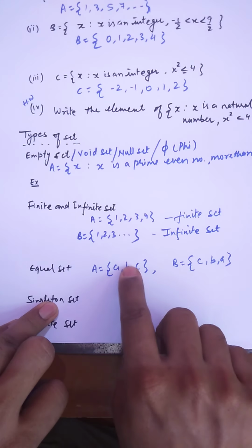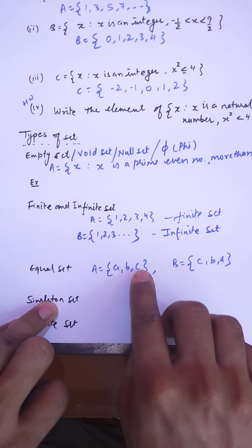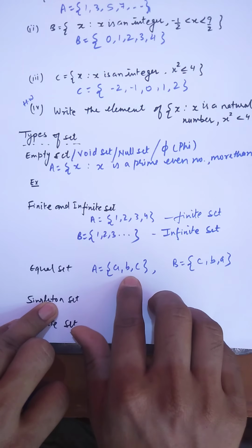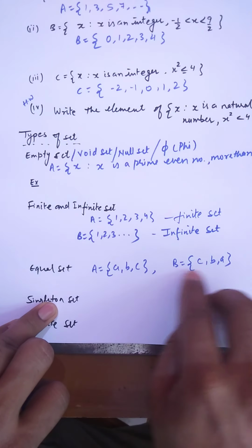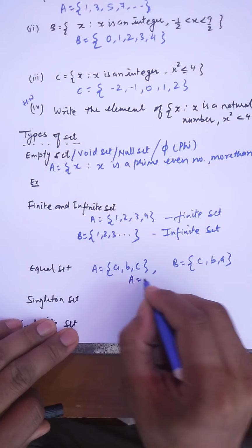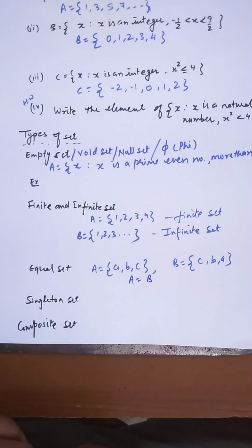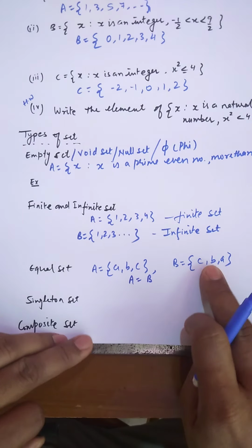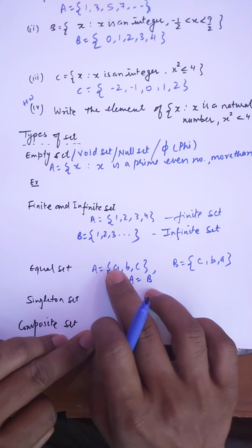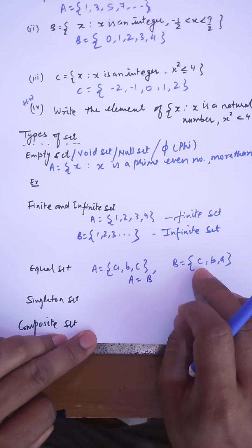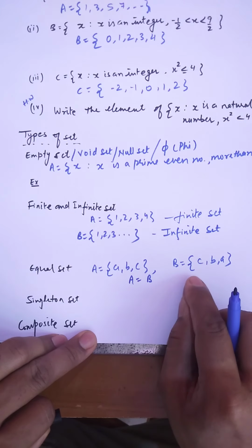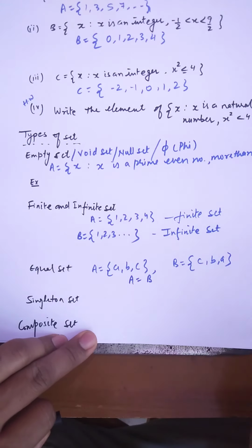Yes, a is here. Is b here? Okay, b is also here. c is here, c is here. So all elements are in A and also in B. So we say that set A and set B are equal. So we simply write A equal to B. You remember the order of the elements is not important. Means a, b, c can be written as c, b, a or a, c, b also. The elements should be there and they should be expressed uniquely, but the order can be any.